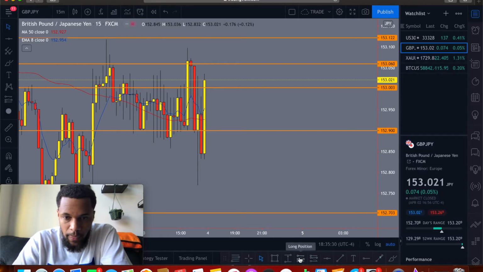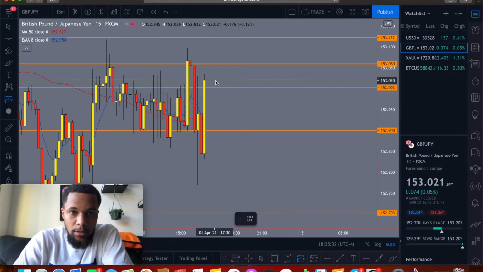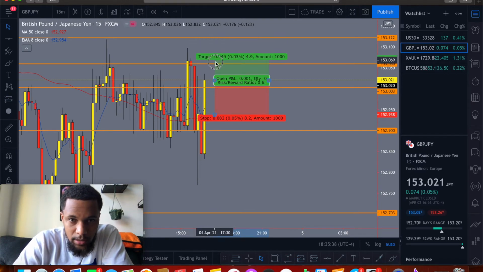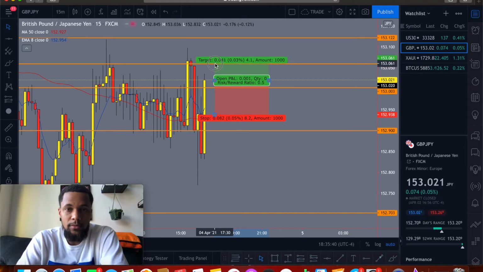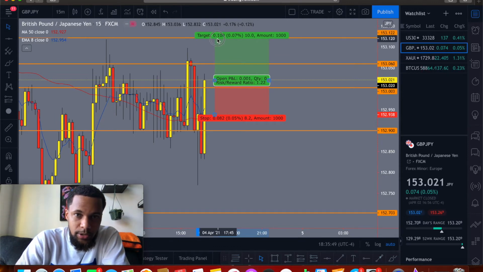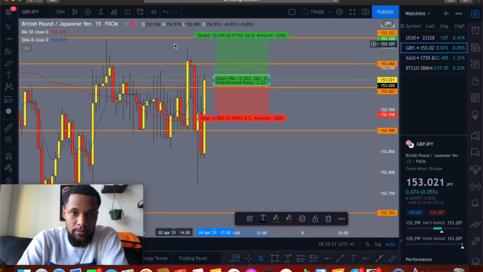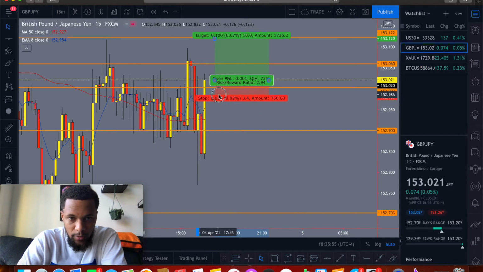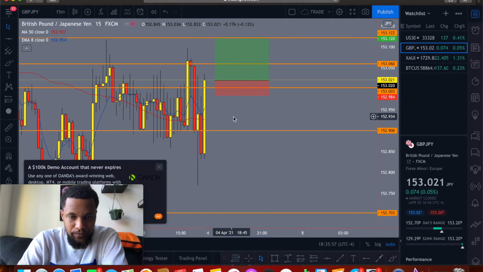So if I'm looking to go long, I can target either A, which is extremely small, 4 pips, so you don't want to target there. Pretty much the next major candle, or I'm sorry, indecision zone. Where do I want to put my stop loss? Right below this one, right?